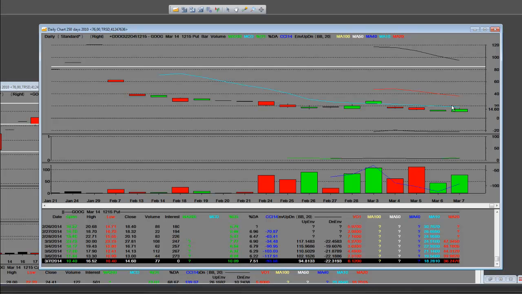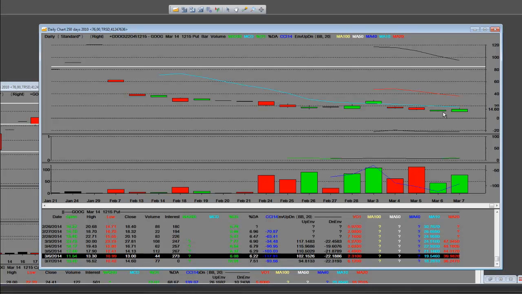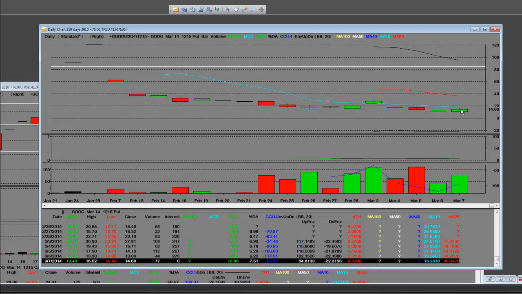Now, when we're taking a look at these lows in here, the low on 3/6 was $10.99 for that 12.15 put, which is a very good price to look at getting in, because Friday you opened at 1040 on the 12.15 put, you went to 1662.